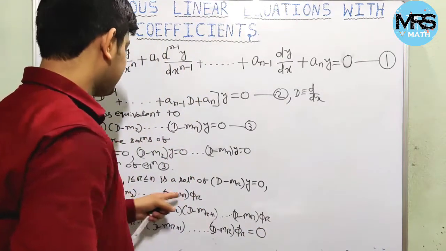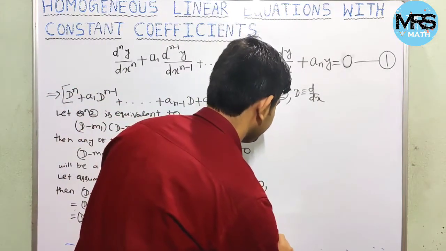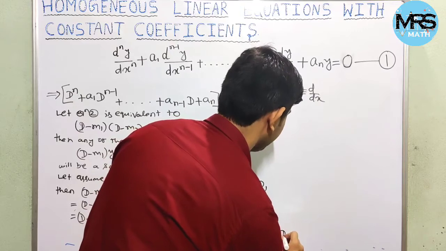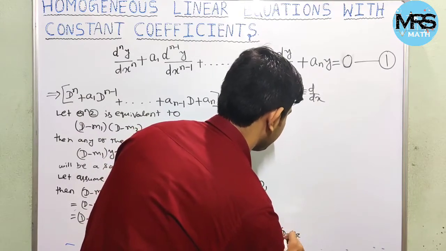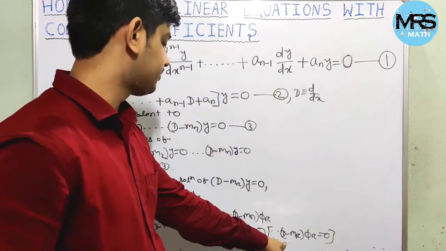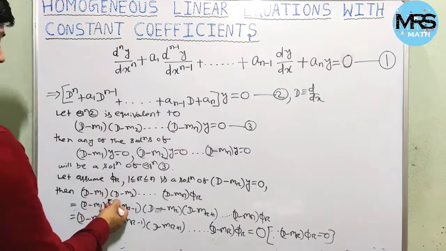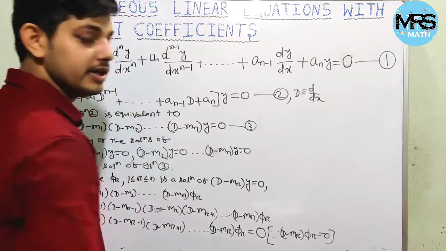Because phi r is a solution of (D - mr)y = 0, we can write here that (D - mr) phi r equals 0. So because of this term (D - mr) phi r, this term is going to be 0.